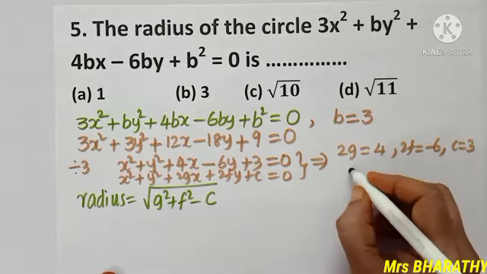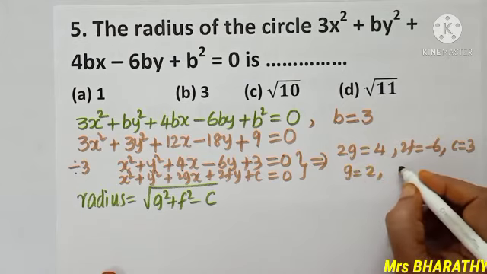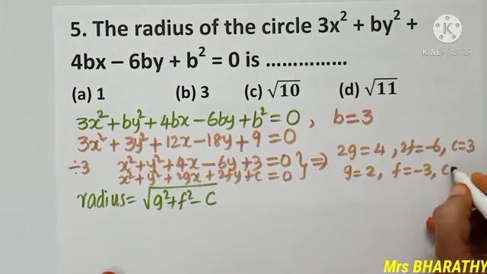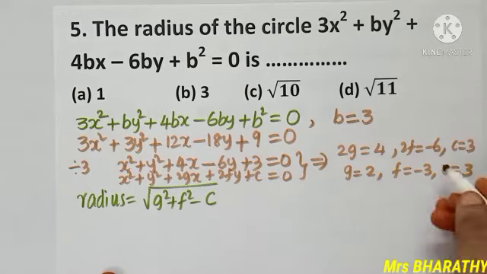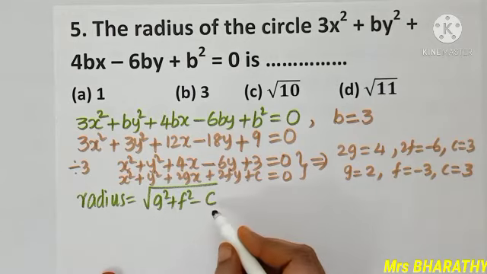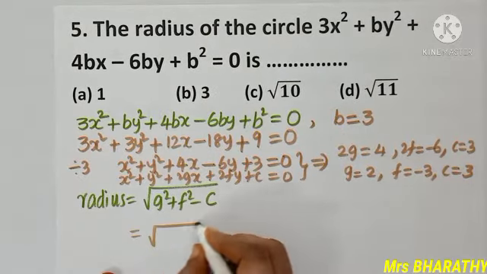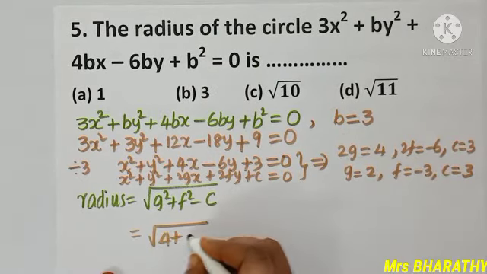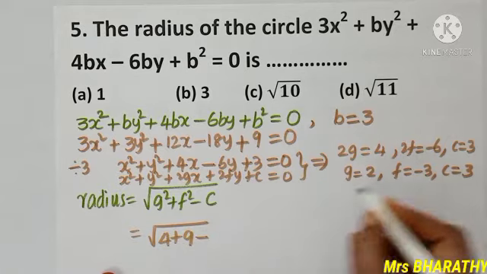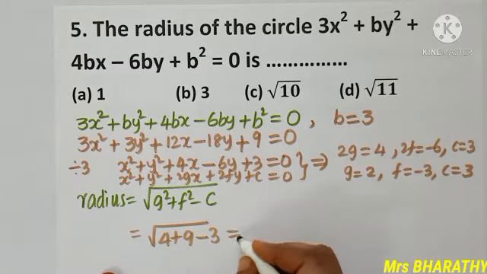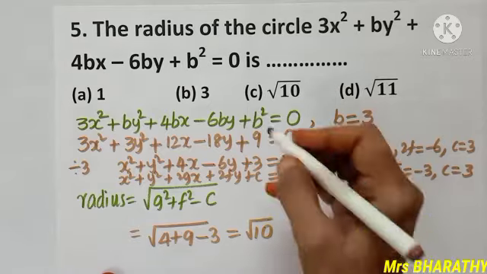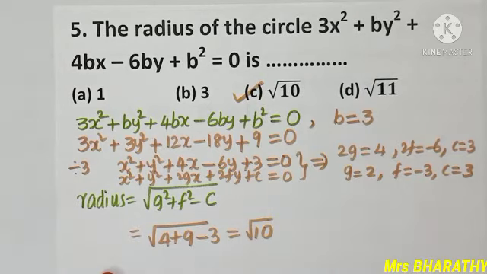From which I get g is 2, f is minus 3 and c is 3. As we substitute in the radius formula, the question is to find the radius. Root of g square plus f square minus c, that is root 10. So the right option is C.